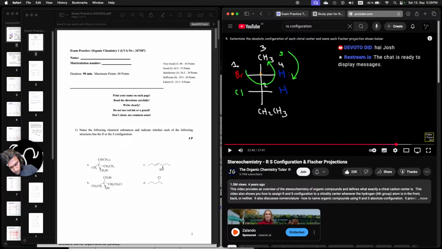One. No, that's chlorine. 2, that's 2. 3, 4. Yeah, that's clockwise, so R, which is S reversed because H is in front.